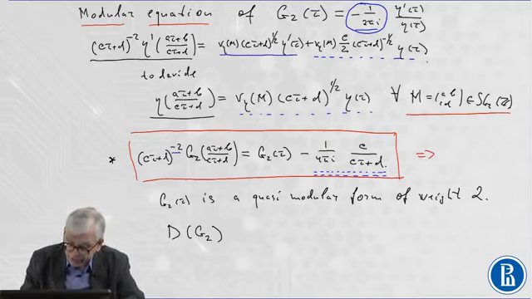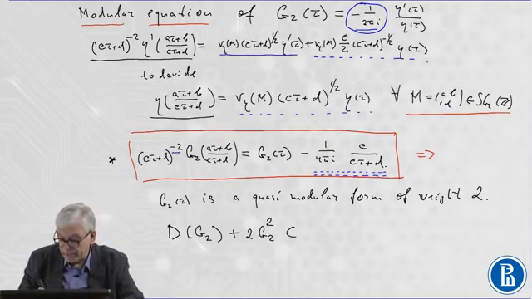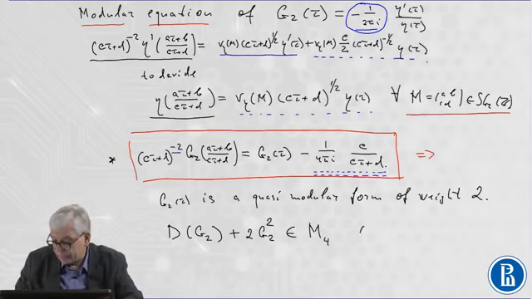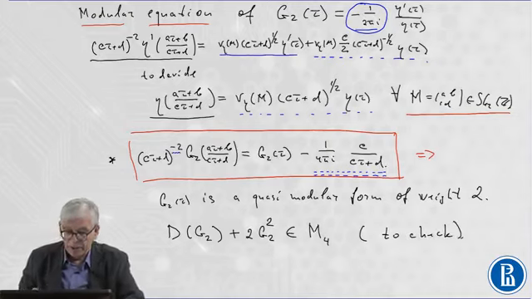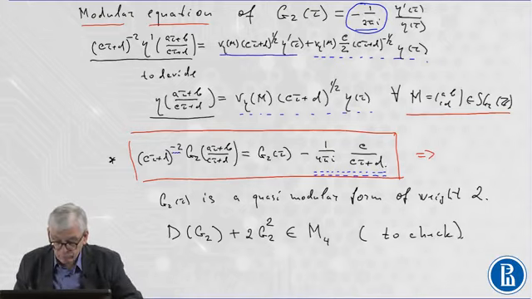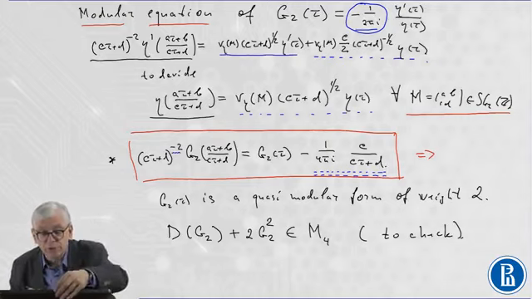So you can check that if we add here the coefficient 2 multiplied by G2 squared, we get a function which transforms like a modular form of weight 4. Please check this. So it means that this sum has very good modular behavior with respect to the full modular group.